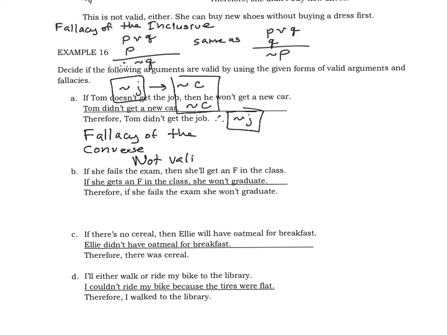I know that's kind of hard to see because we're used to the if P then Q, Q happened, so therefore P happened. But if you look at that, it does follow the same form. These look exactly the same. This is not the negation of this, and this is not the negation of this one up here. So it does follow the form of the fallacy of the converse.